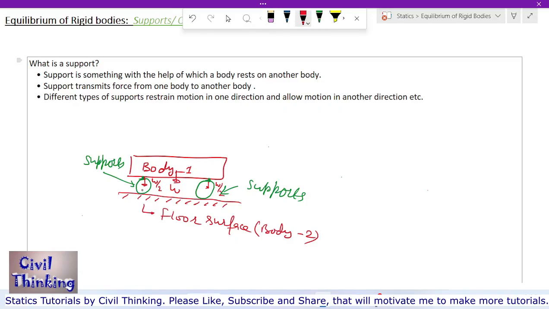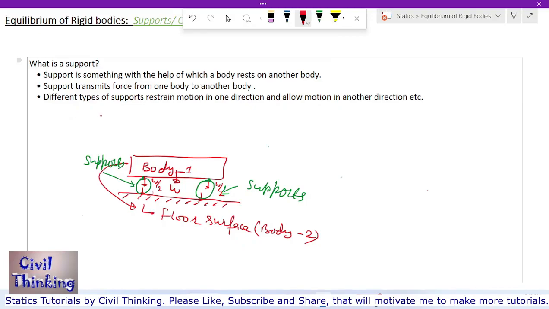Now this W by 2 and W by 2 will go to body 2, this floor right here. So in short, the weight, which is a force, is transmitted from body 1 to body 2 with the help of these supports. Support transmits force from one body to another body.